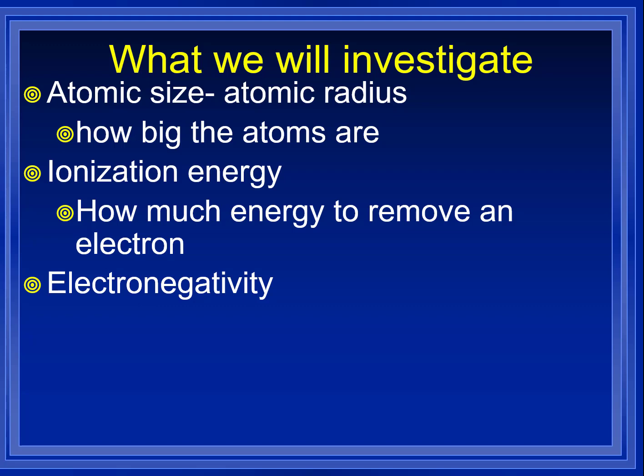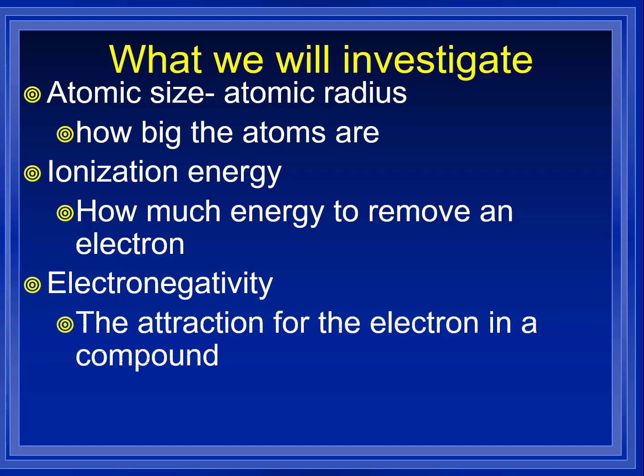Electronegativity is still another attraction, but it's an attraction for the electron in a compound. It's not the attraction it has for its own electron, it's the attraction it has for its neighbor's electron. How hard does it pull on the neighbor's electron? And then ionic size.